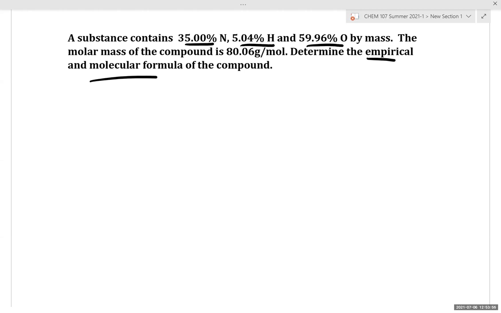Or are there any questions I can address or parts that I can clarify? We're starting to try to develop a little bit of independence when solving these empirical formula problems. But of course, if there are any questions or parts I can provide clarification on as we work through this example, don't hesitate to ask.